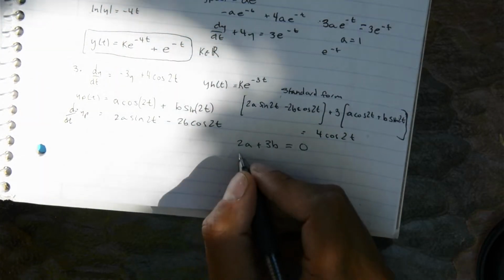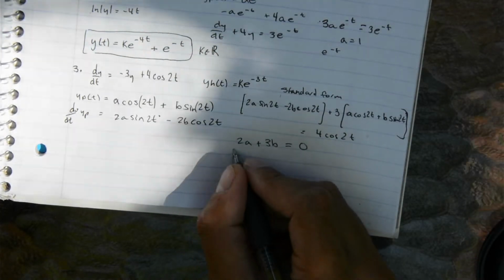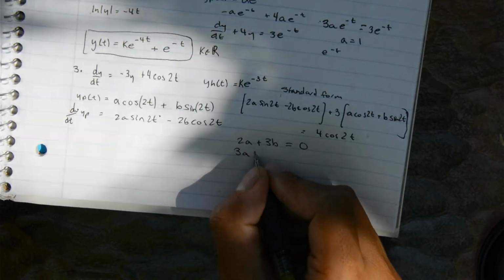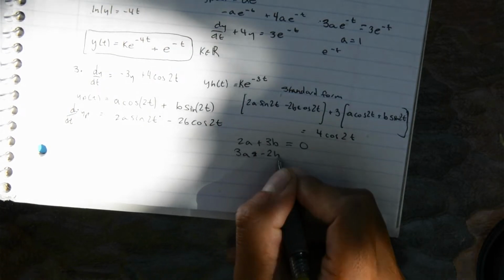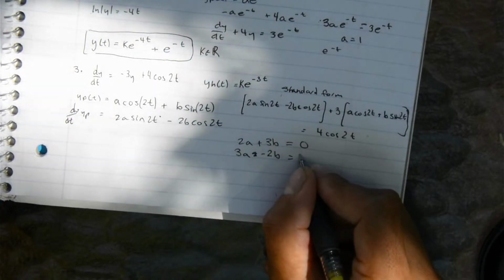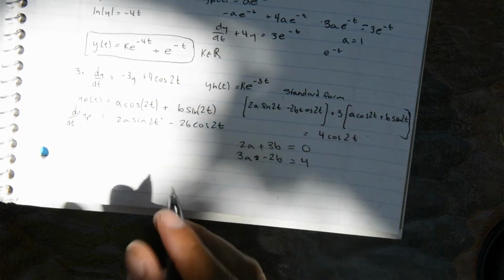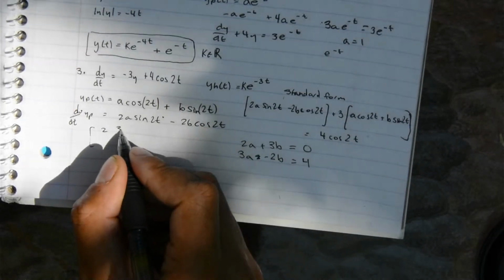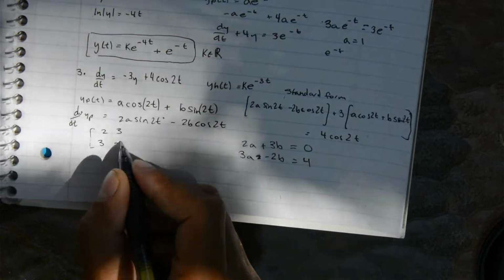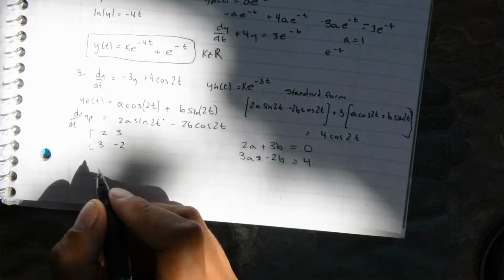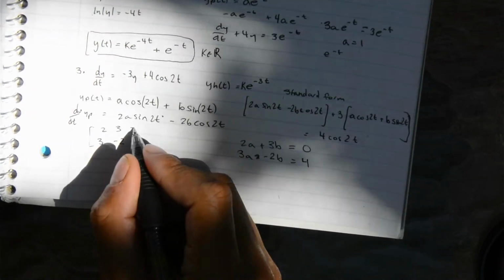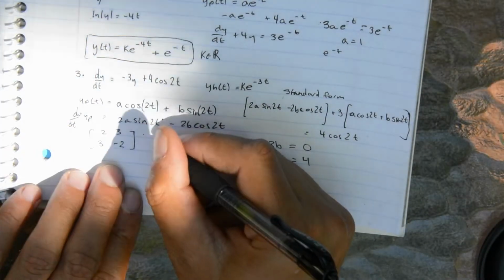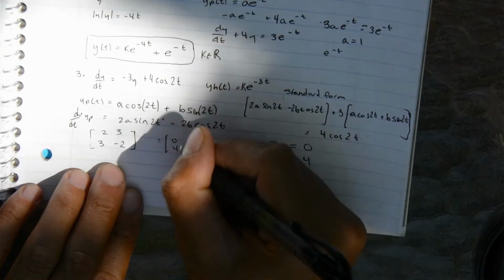And we have 3a minus 2b is equal to 4. So that linear equation is going to be 2, 3, 3, minus 2 equals 0, 4.